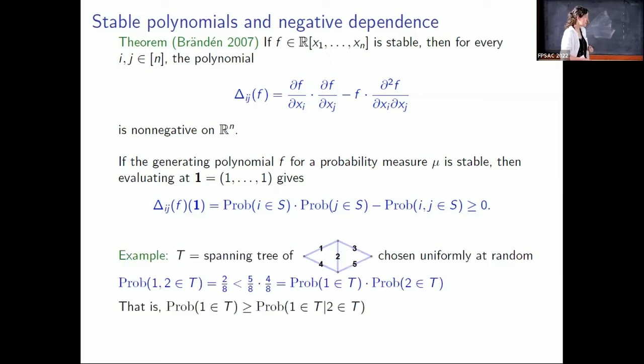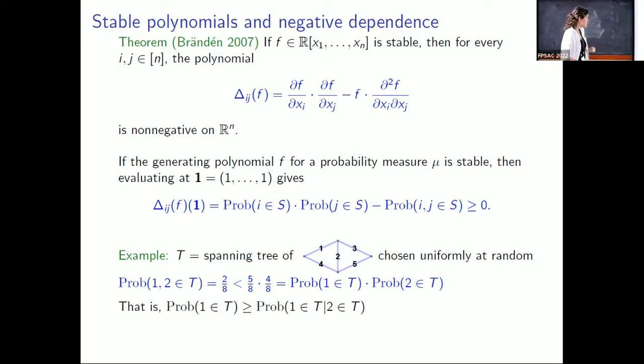For example, if I take a spanning tree of this graph with 5 edges uniformly at random, so all of the 8 spanning trees show up with equal probability, then I could ask about the probabilities that my favorite edges 1 and 2 show up in this spanning tree.